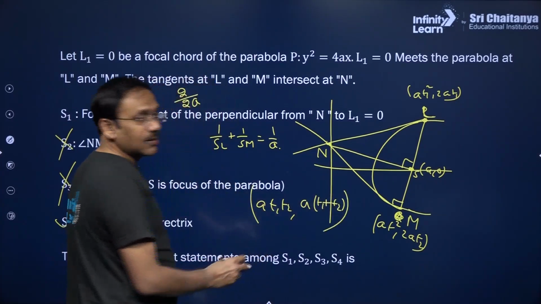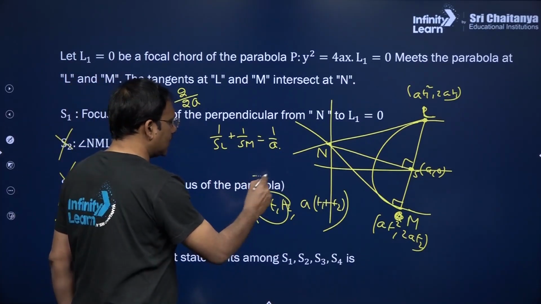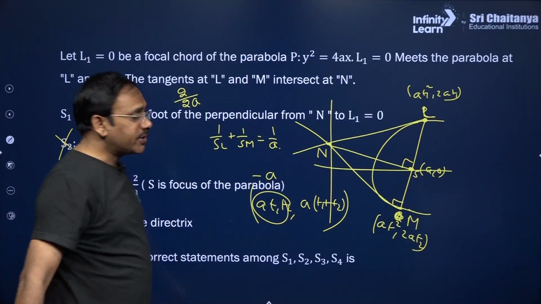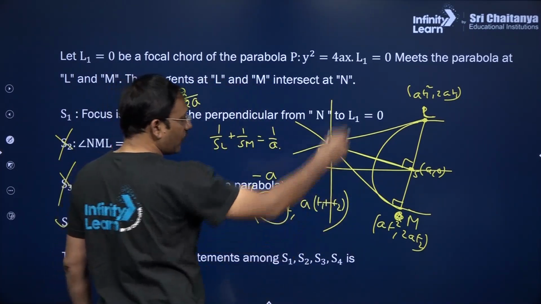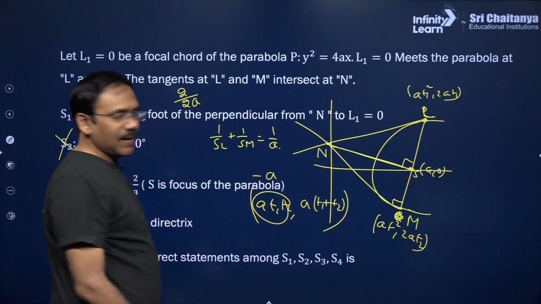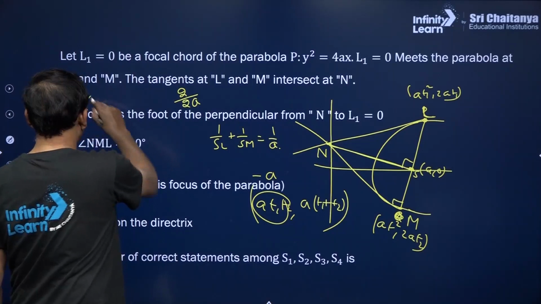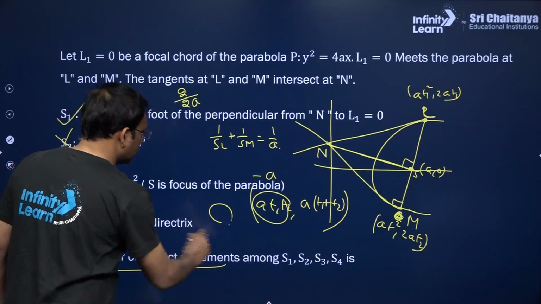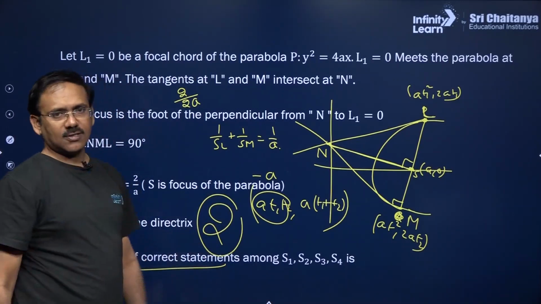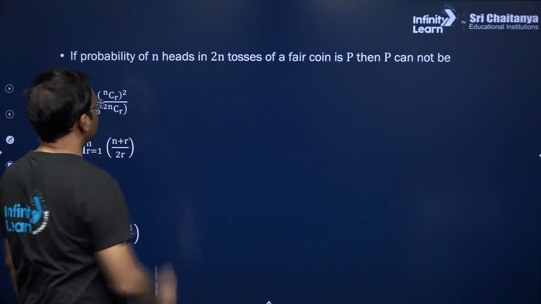My dear friends, here since it is a focal chord t1 t2 is minus 1, this becomes minus a. Here you just find the slope of NS and the slope of LM. You just find that they are going to be perpendicular. So, this statement is correct. Out of these 4, how many statements are correct? He is asking. 2 statements are correct, first and last. Okay.